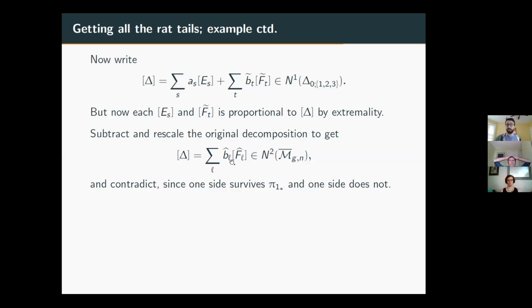And that's a contradiction. I can't push forward the left-hand side and have it survive and the right-hand side and have it die. So what that means is that at the end of the day, I must have started with a trivial decomposition. There were never any F's, and in fact, there were never any E's, there were just deltas in disguise. And since that's the only decomposition I can have, it's extremal.